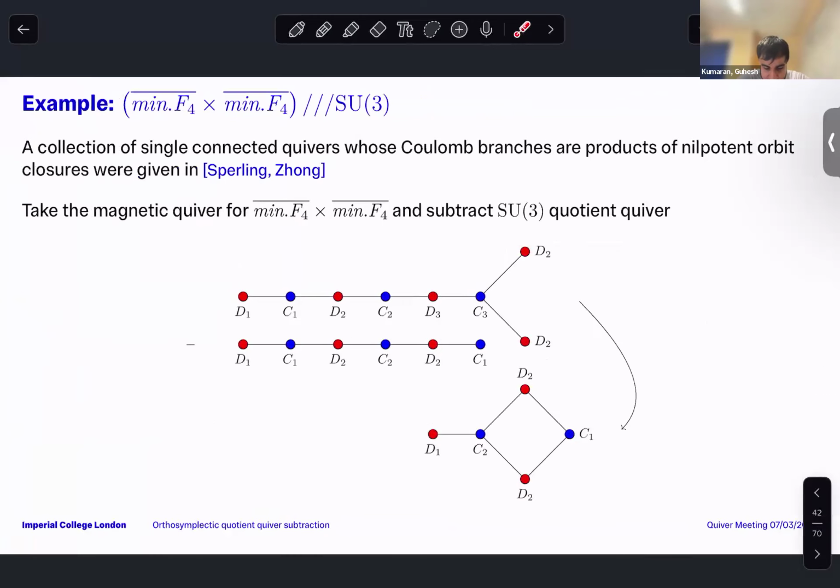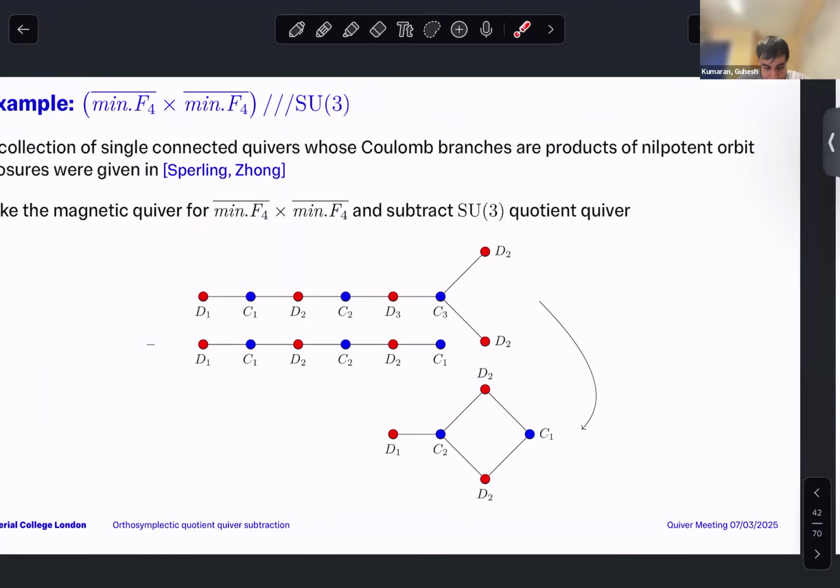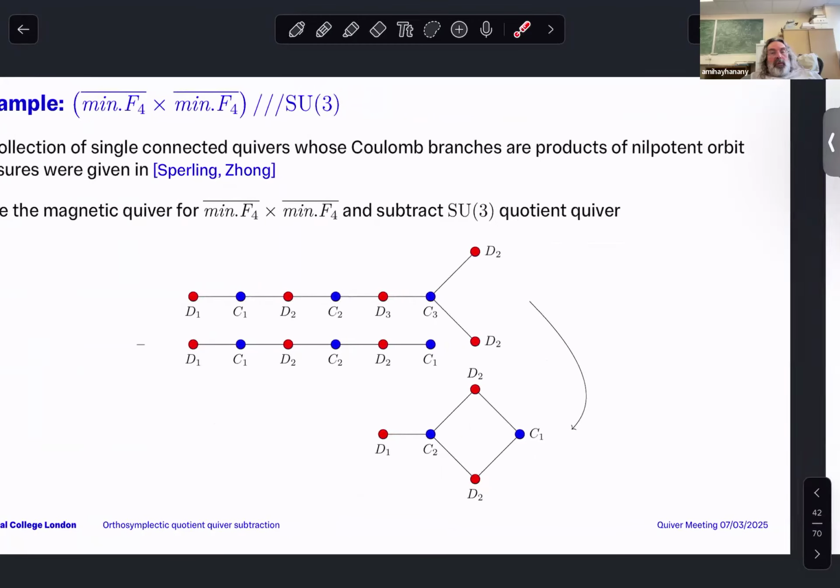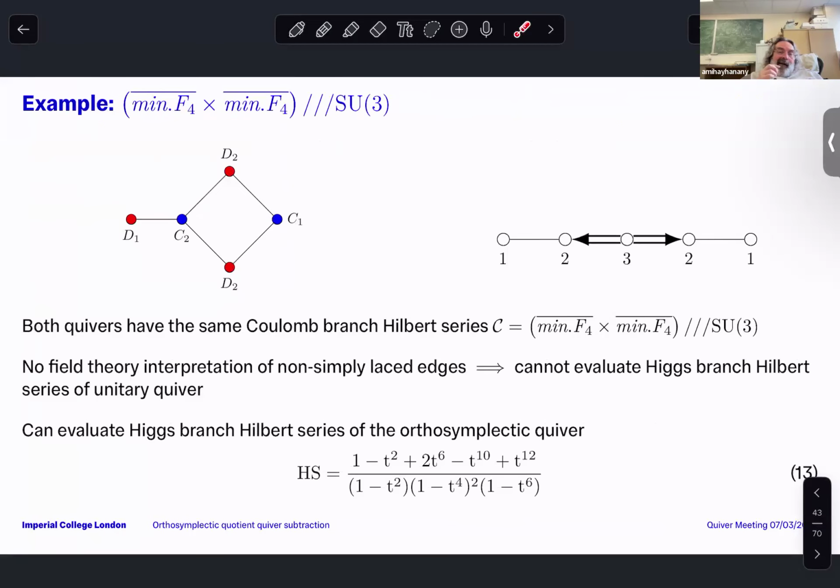It should be 4, maybe. 4 complex. I see. Okay, because we're expecting to go up by the rank. Yes, the Higgs branch, it's 4.